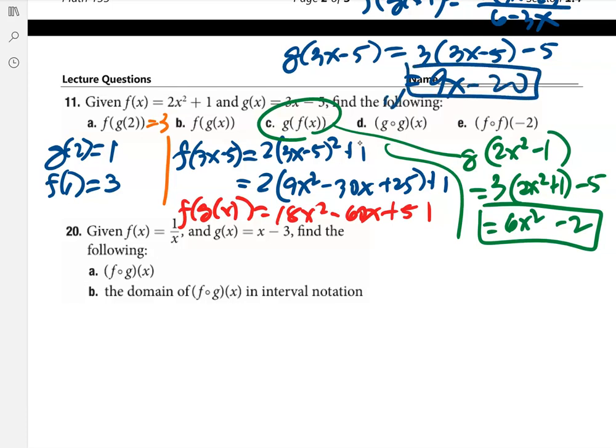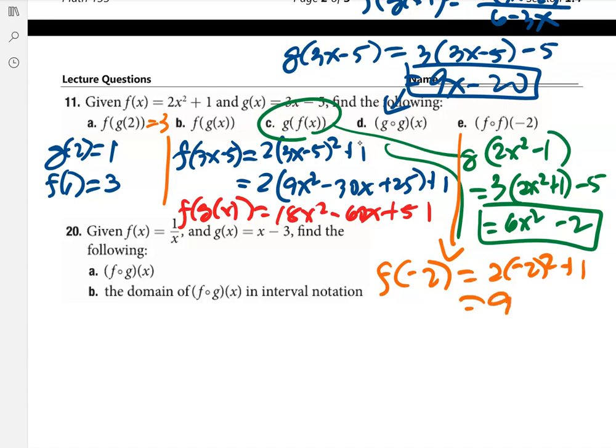So this is letter D. And letter E, sorry, I don't have space. F of negative 2. Plug in that. Squared plus 1. 4 times 2 is 8 plus 1 is 9. So that is the answer.